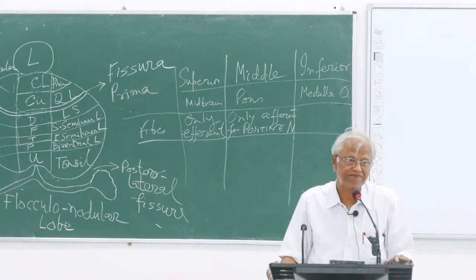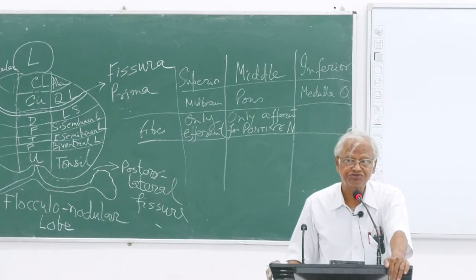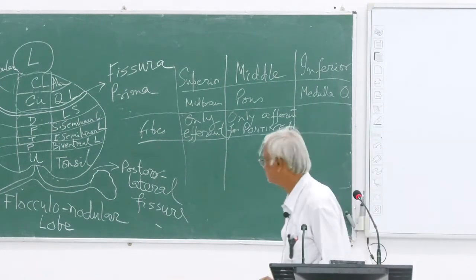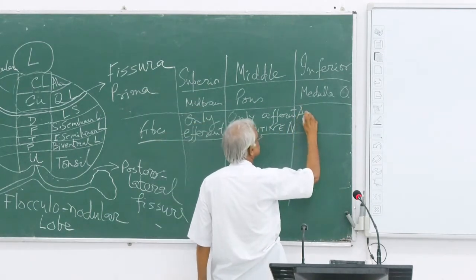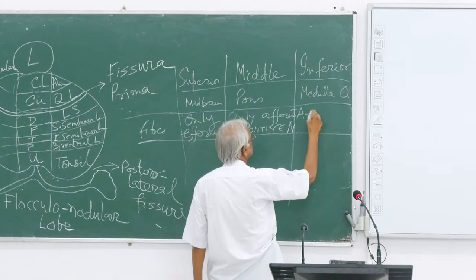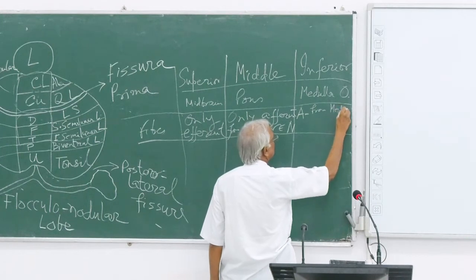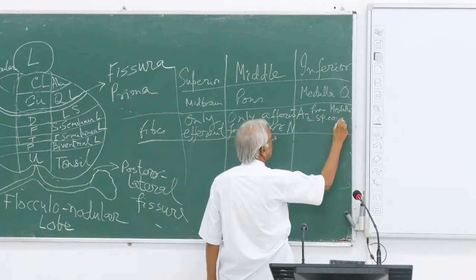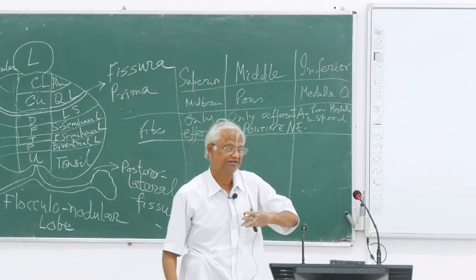It contains both afferent and efferent fibers. The afferent fibers come from the various nuclei in the medulla and the spinal cord. Efferent. There are both afferent and efferent.